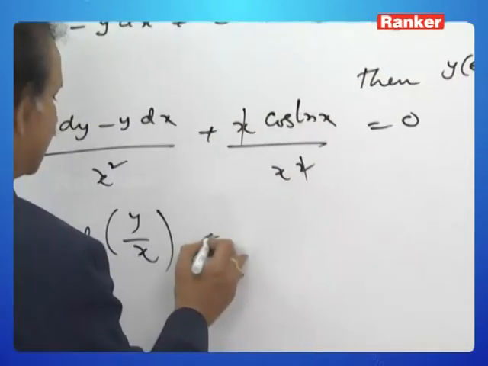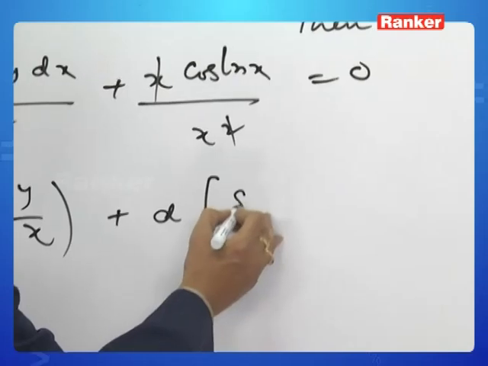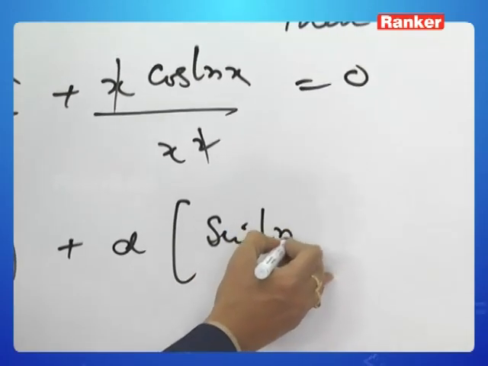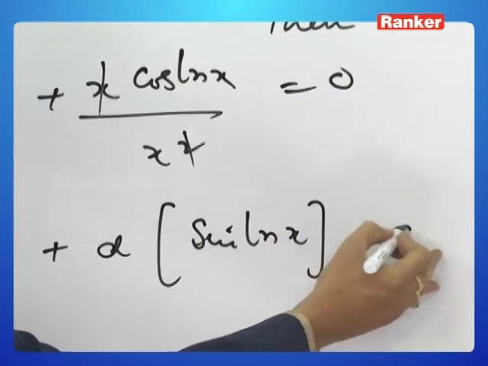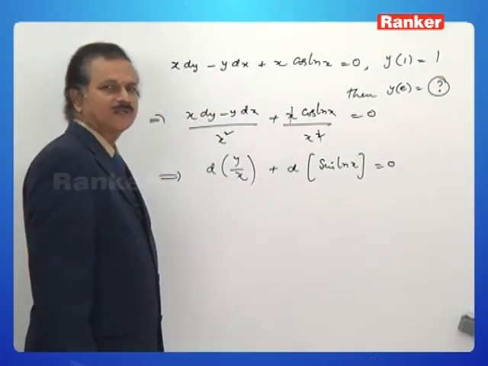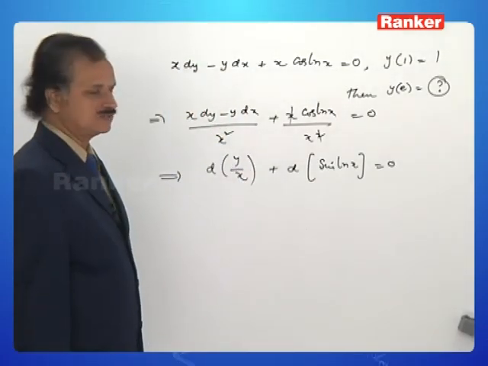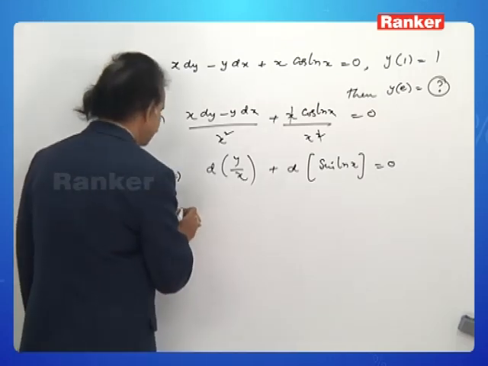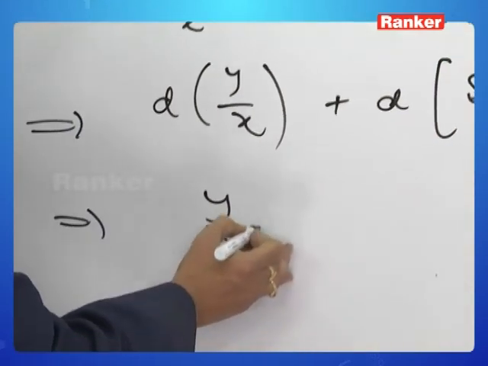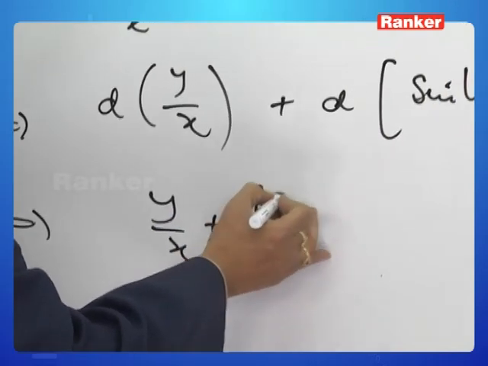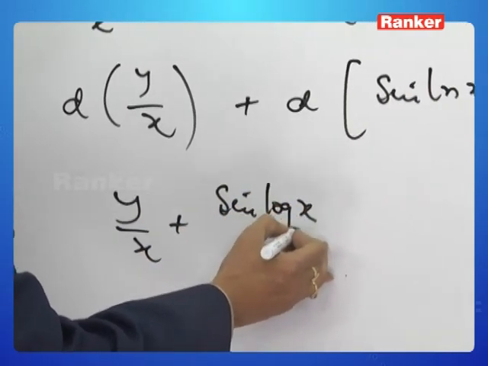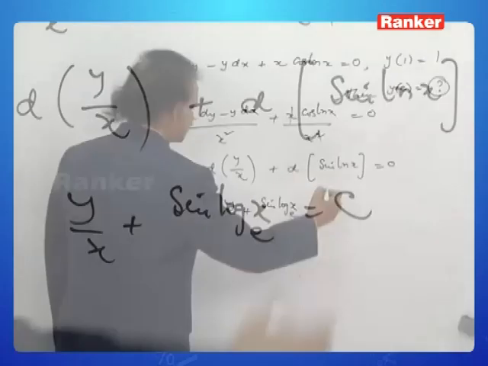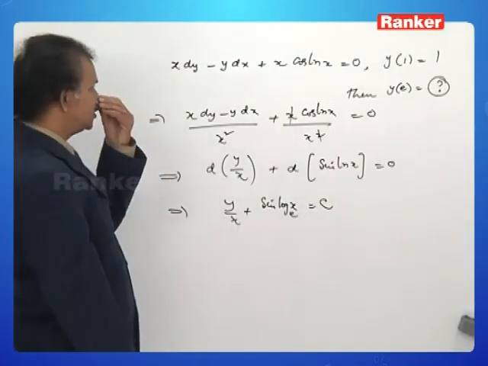Therefore, this is nothing but d(sin ln x) = 0. Now, by integrating directly, you will have y/x + sin(log x) to the base e equal to a constant.